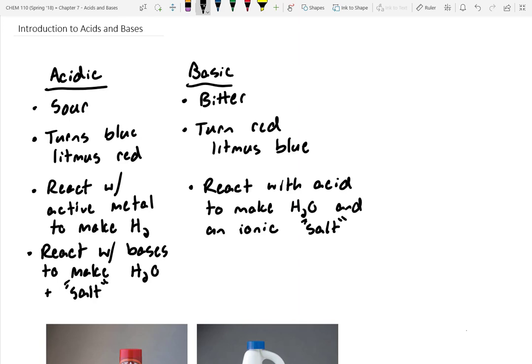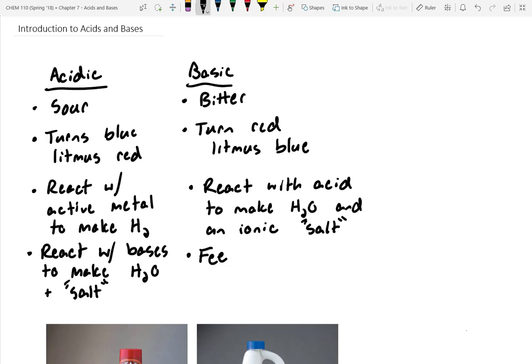The other thing too is there's various strengths of acids and bases. Typically you can determine if something's basic by touching it too. So if you dip your finger in a base, your fingers feel kind of slimy afterwards. Bases will often react with your skin and make them feel a little weird. Yep? So what would be a common base then? Yeah, I'm trying to think of a few.